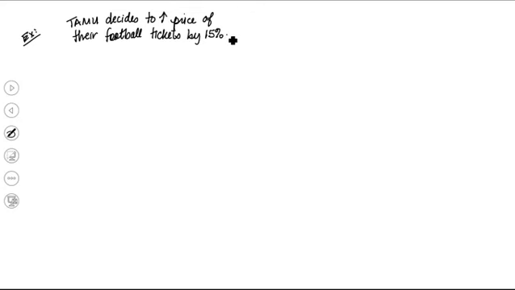So Texas A&M decides to increase the price of their football tickets by 15%, and as a result, sales fall, which, right, makes sense. The law of demand says you raise price, sales are going to fall, but we want to know by how much. So let's say sales fall by 5%.